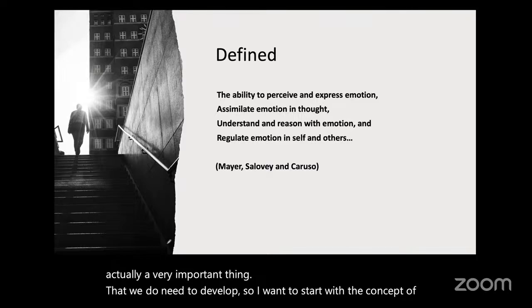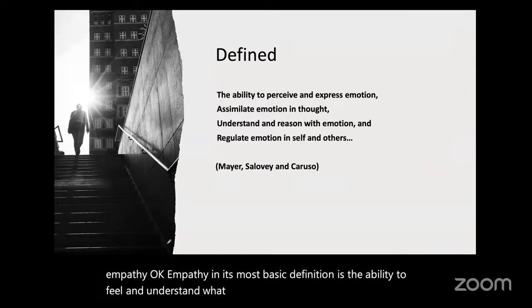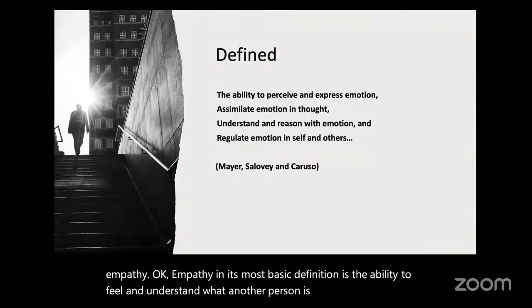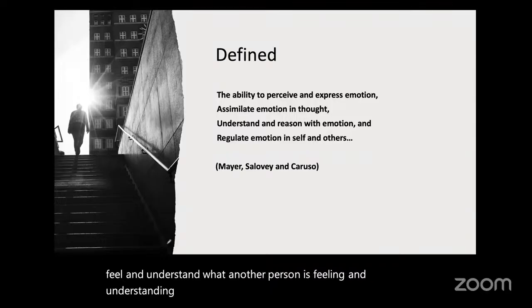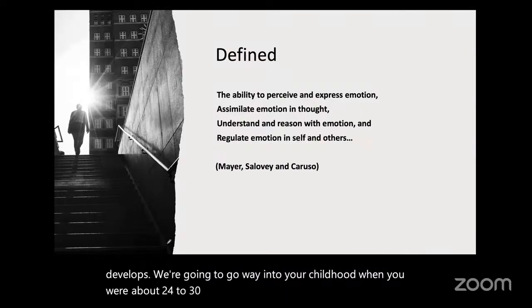Empathy, in its most basic definition, is the ability to feel and understand what another person is feeling and understanding. And it comes from a very human thing that develops. We're going to go way into your childhood when you were about 24 to 36 months of age.